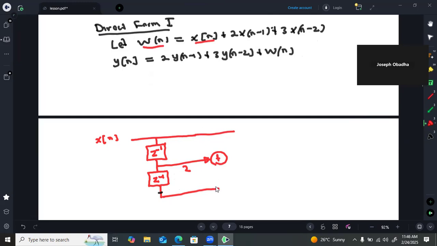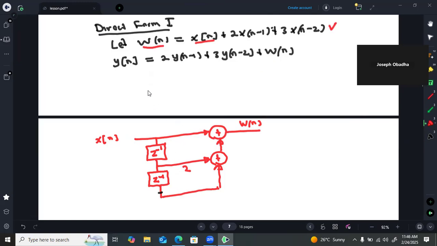You can see the direction of this. Then we sum it together with the x of n, which is straight from the input here. So I need to have another summer here so that I can have my x of n here. Then I have this, so that here I have w of n. So that implements the first part of this.